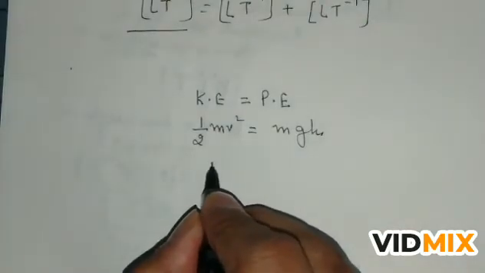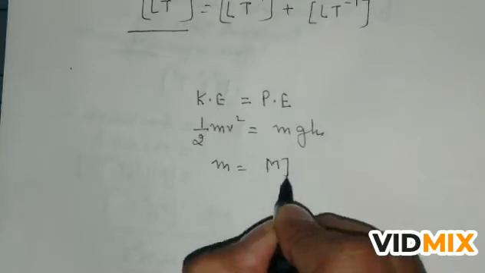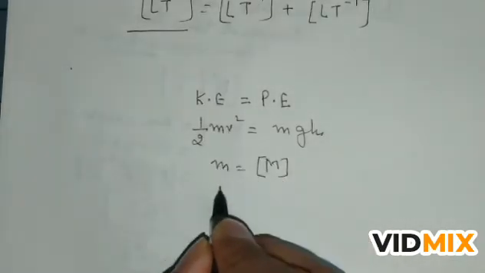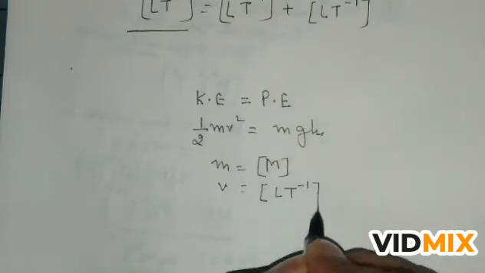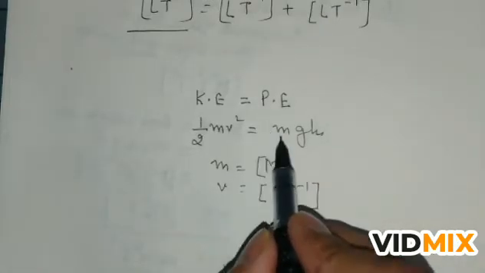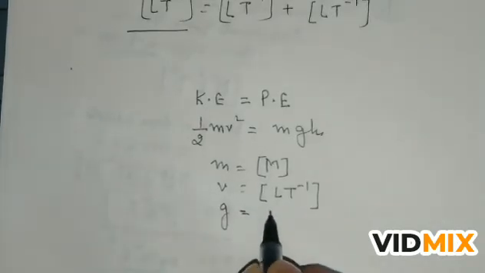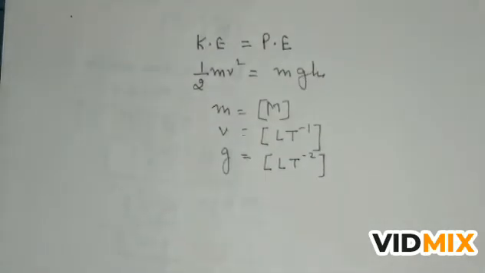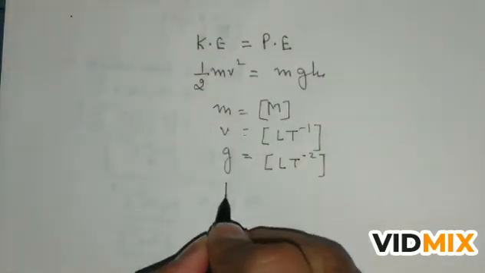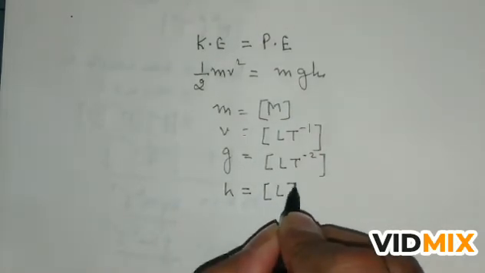The dimension of mass is m, the dimension of velocity is L t to the power minus 1, the dimension of g, the acceleration due to gravity, is L t to the power minus 2, and h is length or height, so the dimension of h is L.